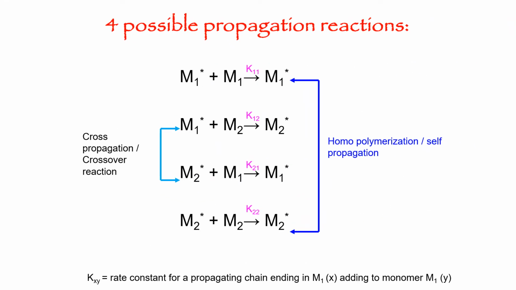There are 4 possible propagation reactions: either the cross propagation, also known as crossover reaction, or the homopolymerization, or self-propagation.